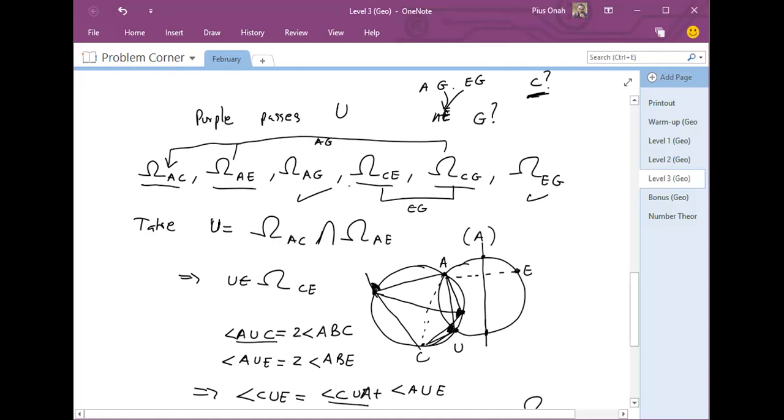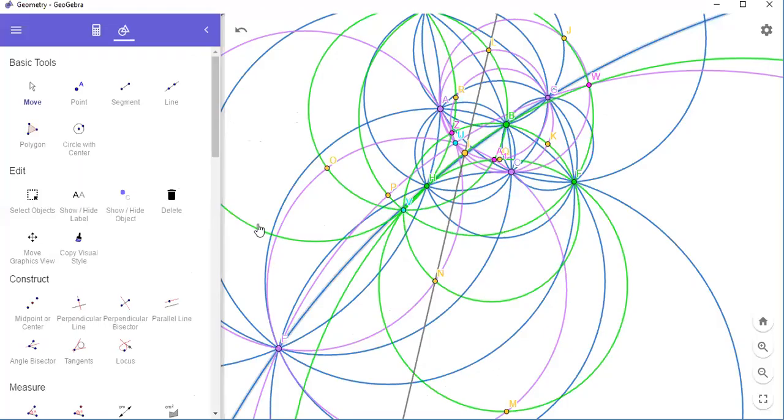Okay, so to do that, I'm going to take you to a broader picture. So let's return back to our diagram. So what we want to bring in, let me write what we have.